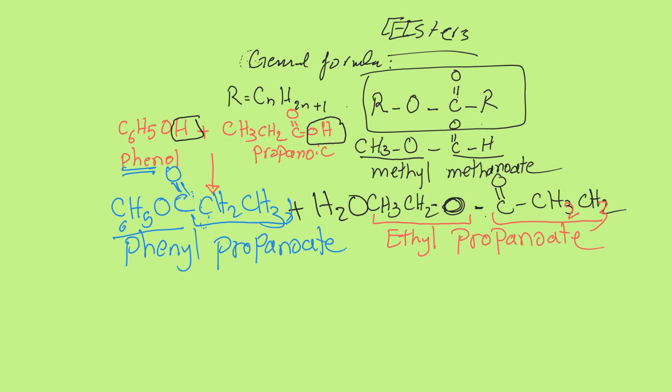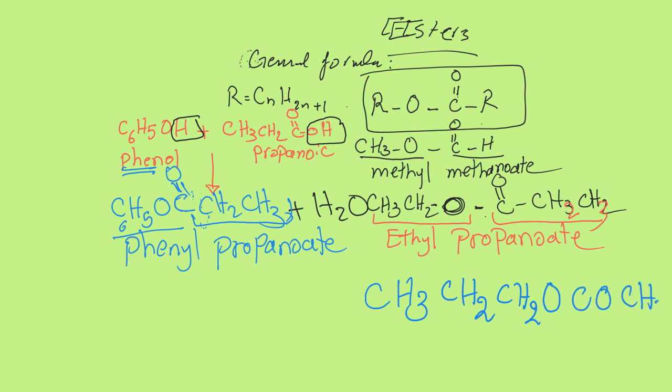If the molecule is like this, CH3, CH2, CH2O, and then CO, CH3, first give the name, and second give the organic acid and the alcohol that form this ester.